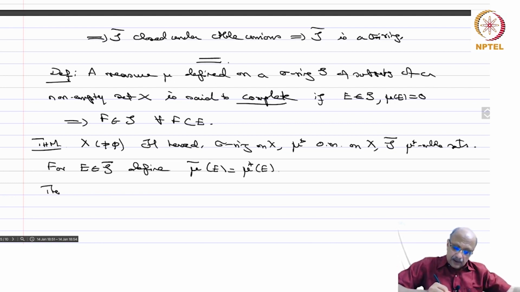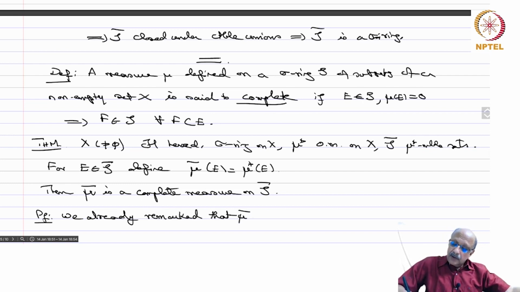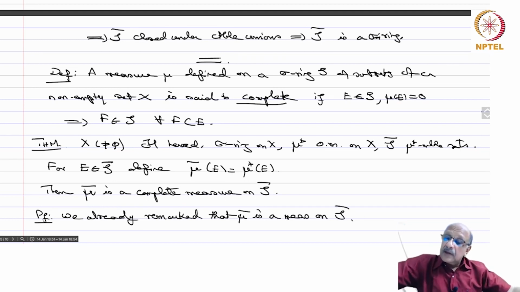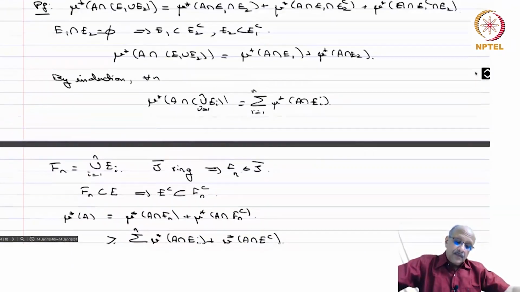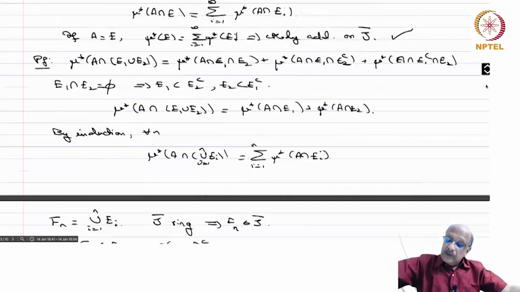Then mu bar is a complete measure on S bar. So proof: we already remarked that mu bar is a measure on S bar. We already saw that because here this is countably additive on S bar, and therefore we have that it is a measure.